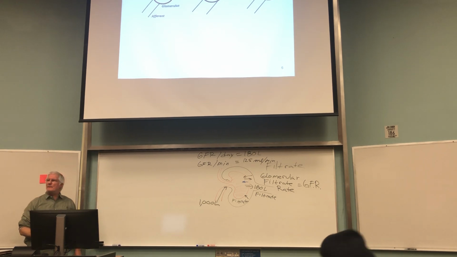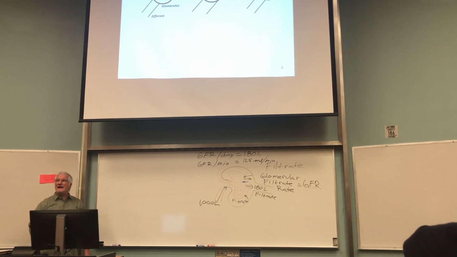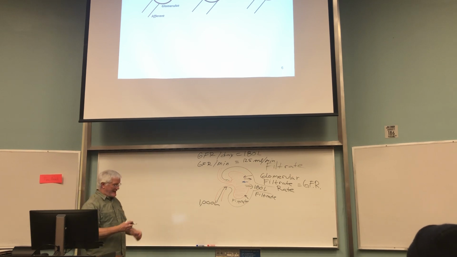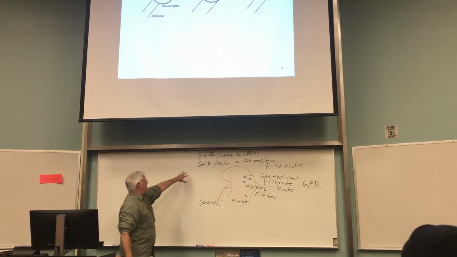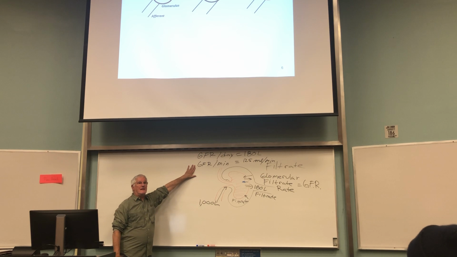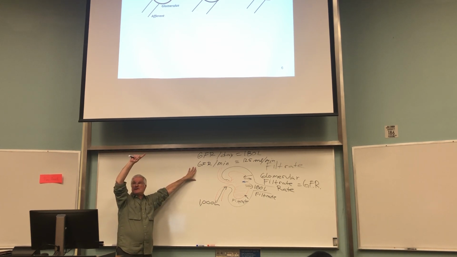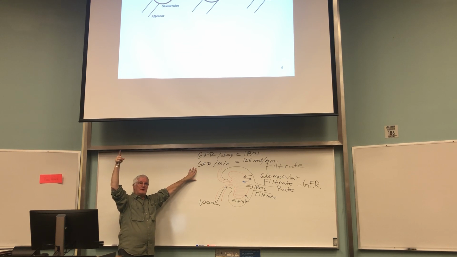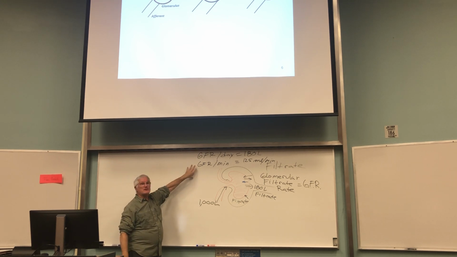Does that seem like good exam question stuff? Yeah, sure does. Hint, hint. Now, I want to maintain this. My GFR is due to that 10 units of net filtration pressure. If my blood pressure drops, that 10 can become a 9, or an 8. If those numbers drop to an 8 or a 9, then GFR is going to drop as well.